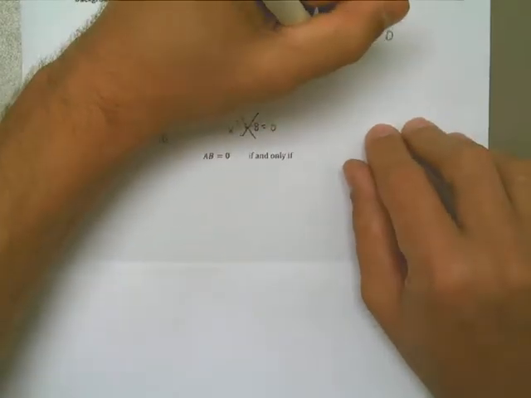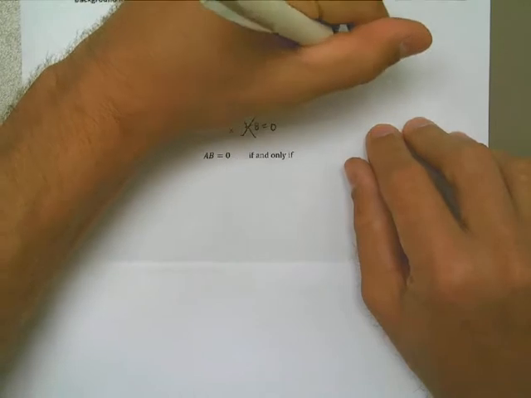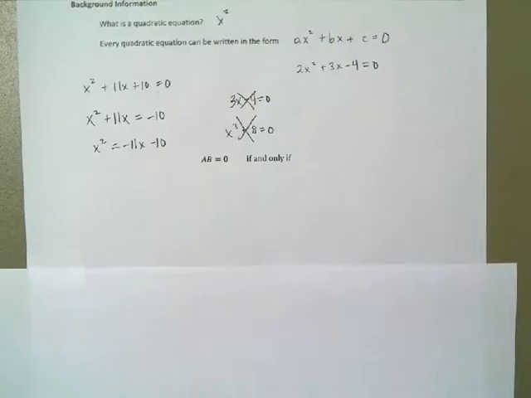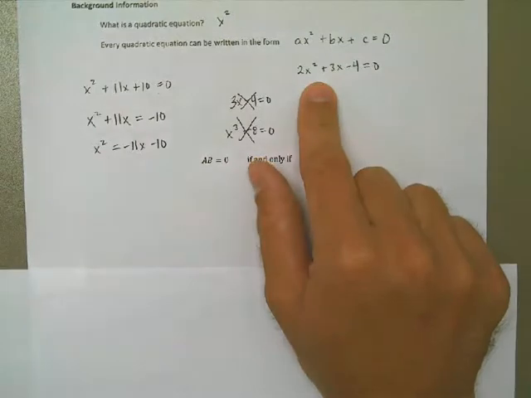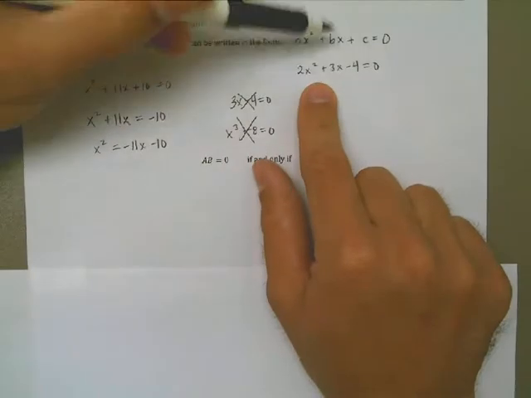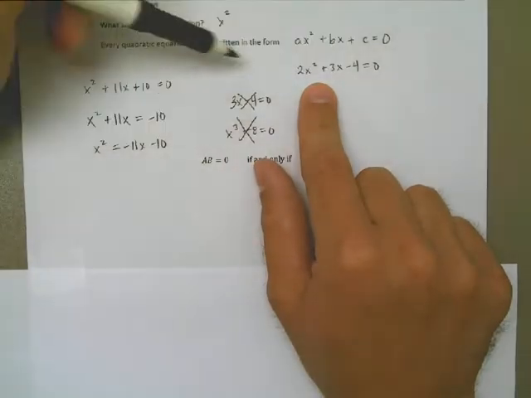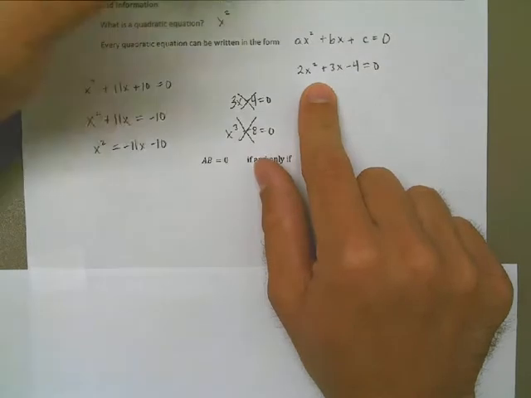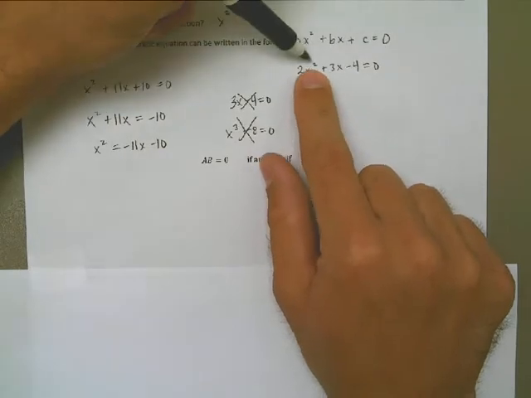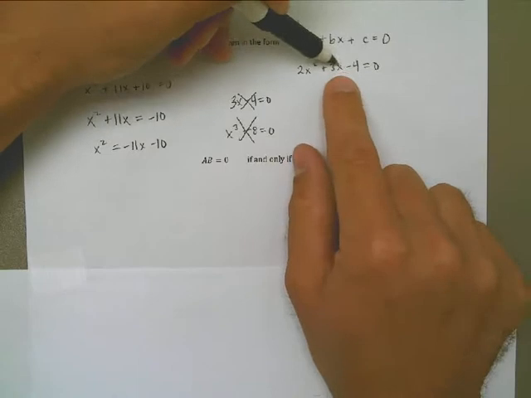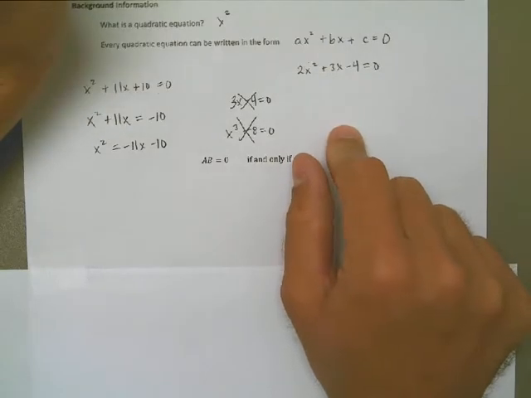That would be an example in that format. So we have a number times x squared plus a number times x plus some number, and it can be positive or negative. We go from x squared down to x to the first power down to no x at all. So we write in decreasing powers of x, and that's the general form of a quadratic equation.